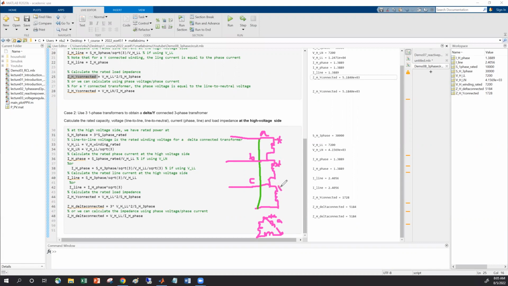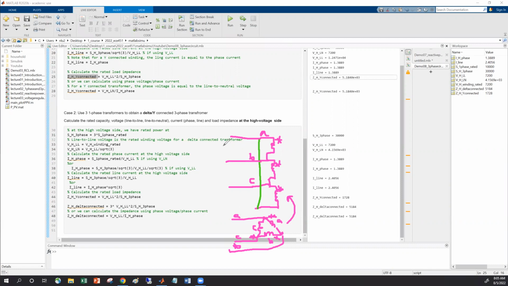With the polarity, this is the head, right? So this is A and B and C. Head to tail, and then head to tail, okay? That's how you connect a delta. And this would be A and B and C, okay? So this is similar to this connection.